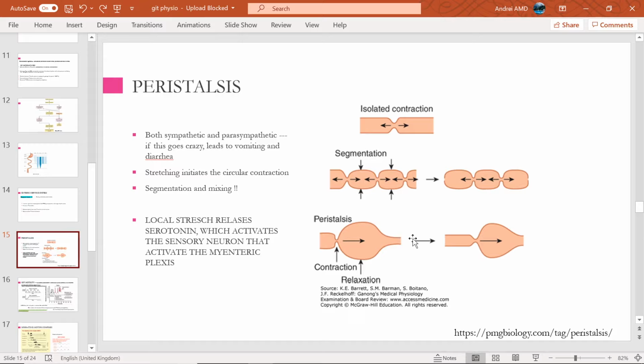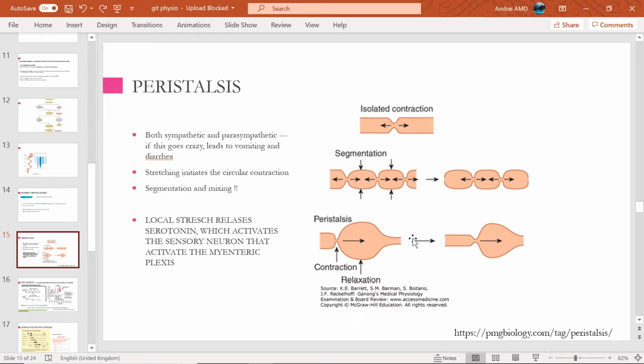You need to mix food with whatever is secreted already to help digest, not only in the stomach but also in the intestine, so that you absorb better. Segmentation happens when two parts of the circular rings contract, like this, here and here.